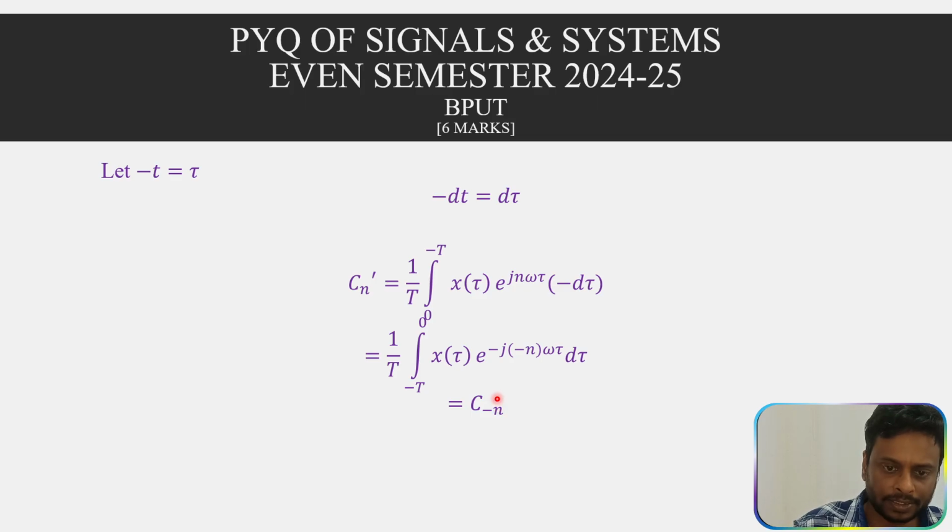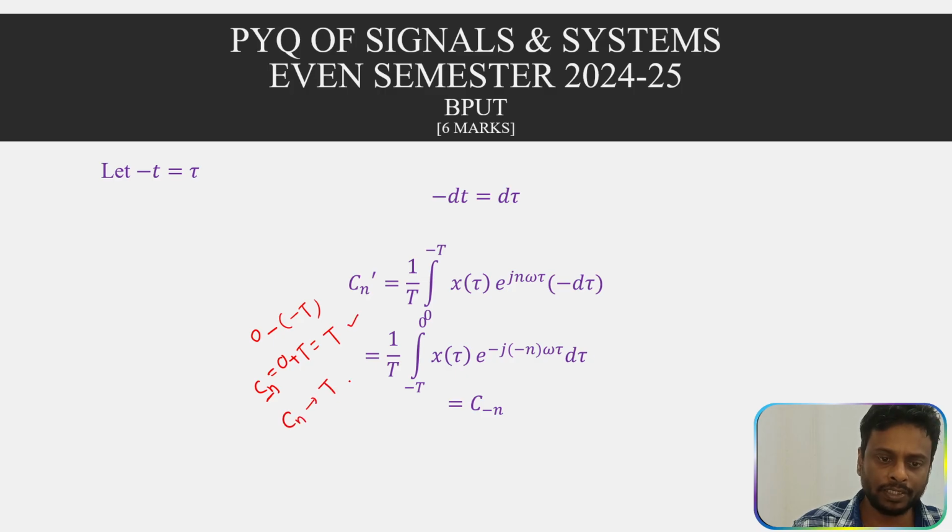So you can see here the time period will be the same. In this case, the time period is how much? Upper limit minus lower limit, so it will be 0 plus T, that will be T. So for C of minus n also the time period is constant, and for Cn also the time period is T. So in this case, the time period remains constant, but the Fourier series coefficient is C of minus n in case of time reversal.